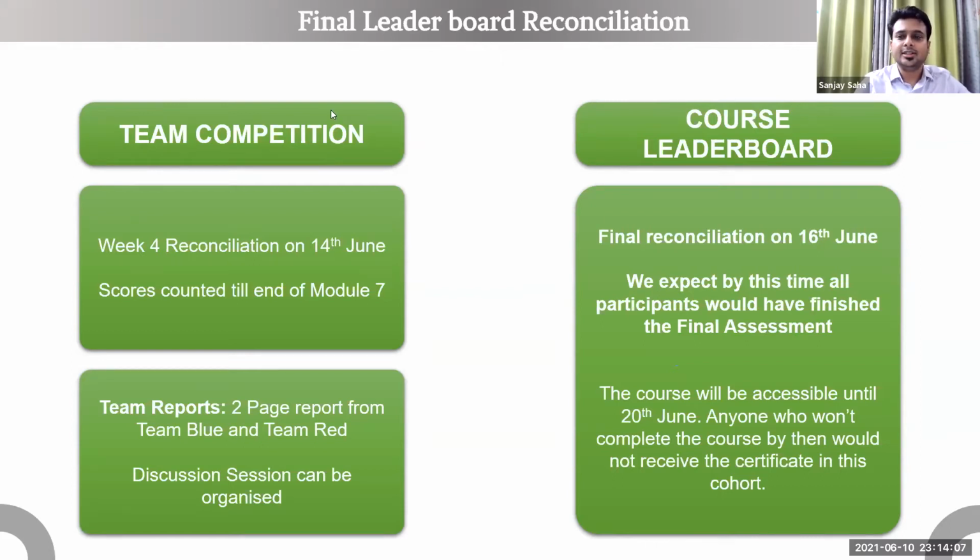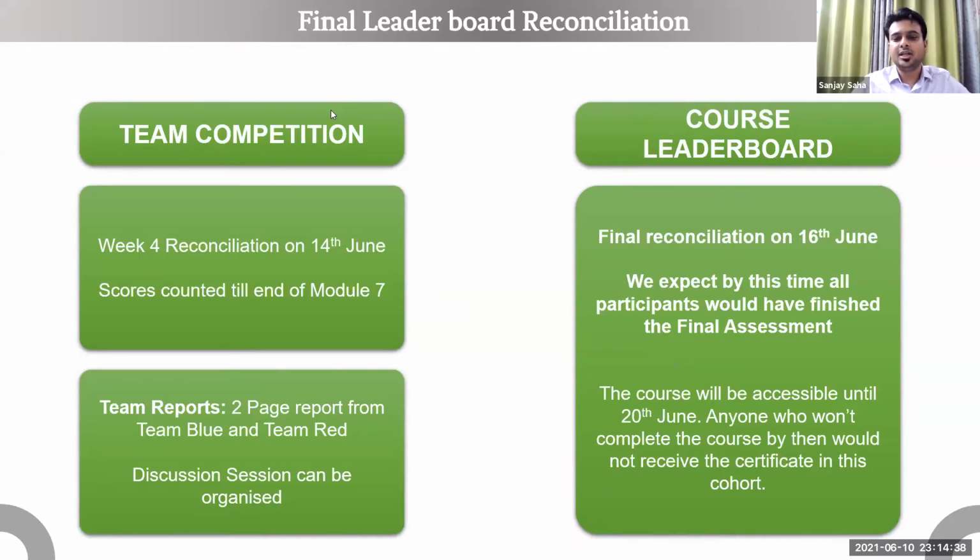On the individual leaderboards, the final reconciliation will be on the 16th of June. We are giving a bit more time to some participants who were a bit late. But if anyone wants to compete in the leaderboard and wants us to put their scores as part of the leaderboard, they need to finish their entire course, including the final assessment, by 16th June.